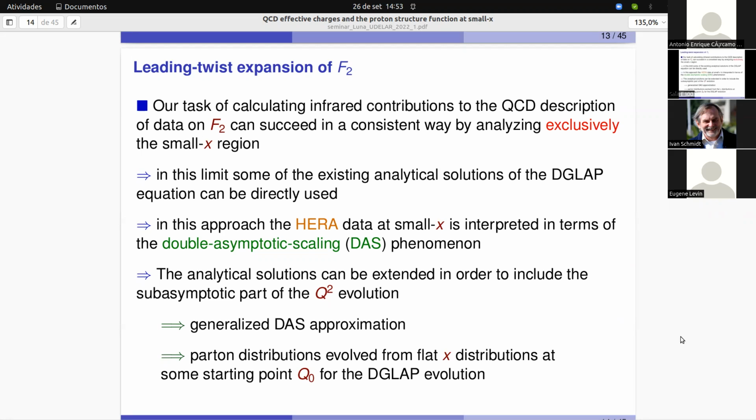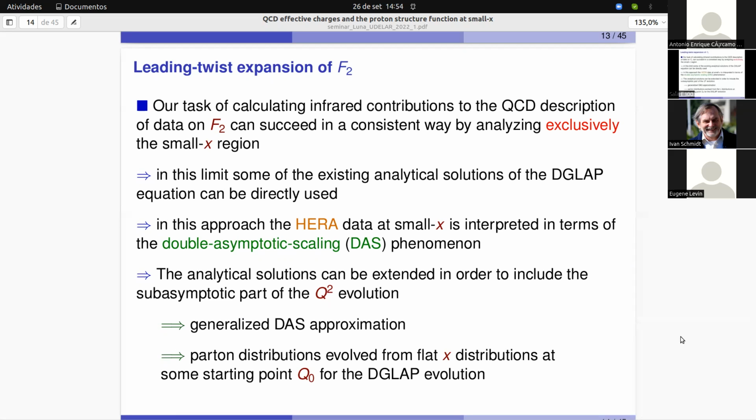These analytical solutions are valid only at very small values of x. However, we know that the data at small x can be interpreted in terms of the double asymptotic scaling phenomenon. That is an observation of many years ago. That means that we can treat F2 using only two new variables, to treat all the kinematical regions used in the experimental data.